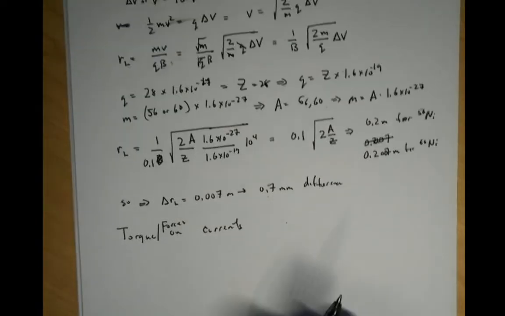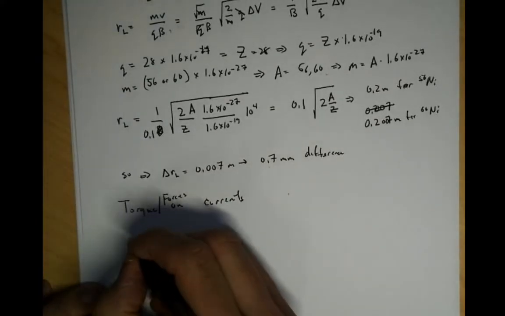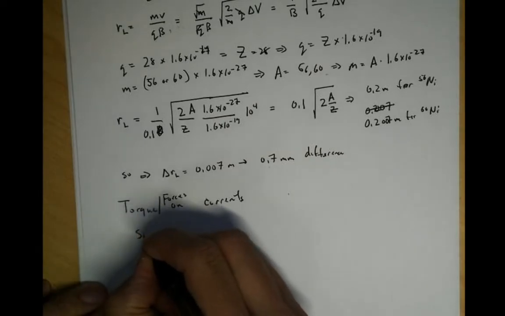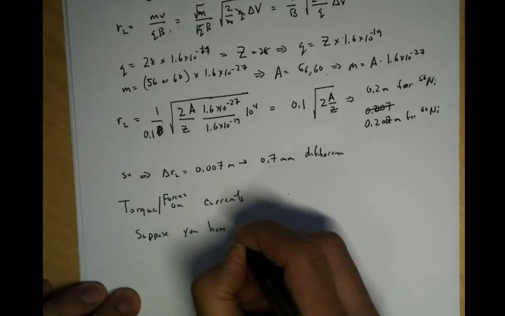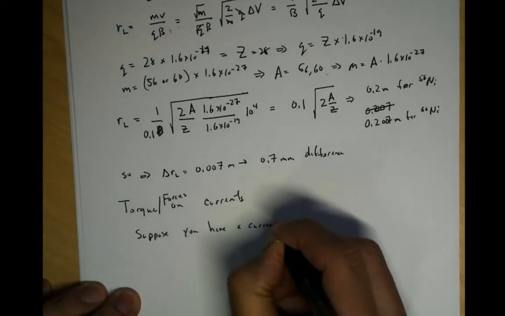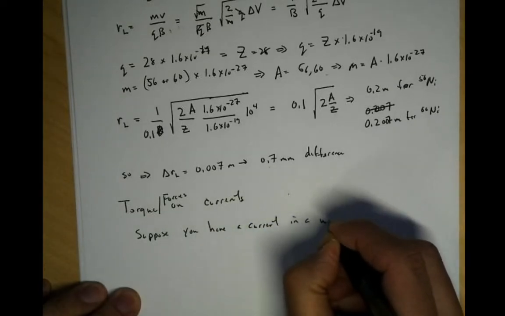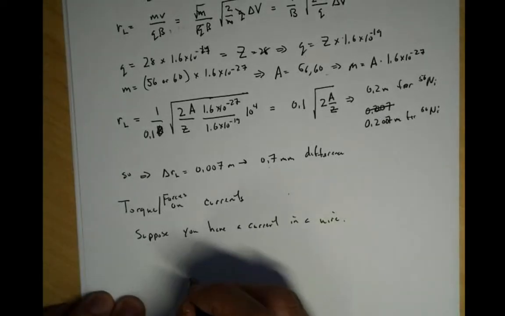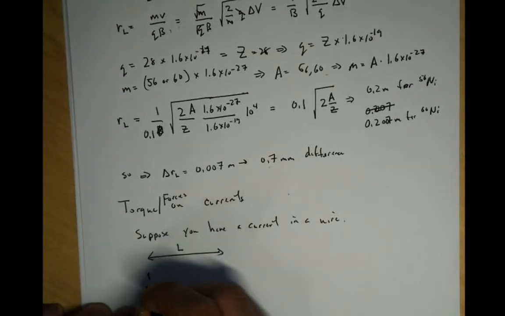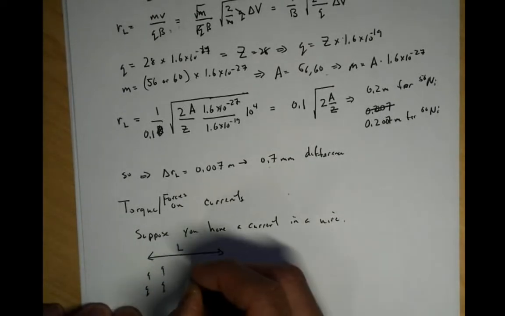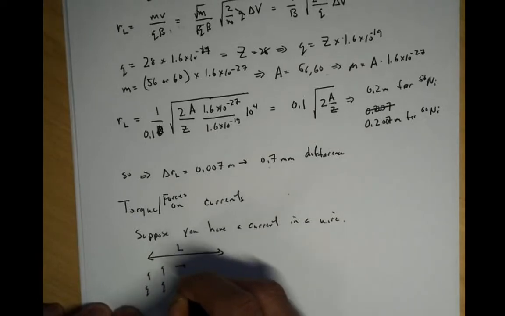Okay. Now suppose you have a current in a wire. So what do these currents do? You have some length here, L, and a bunch of charges Q in there, steadily moving in this direction at some mean velocity.